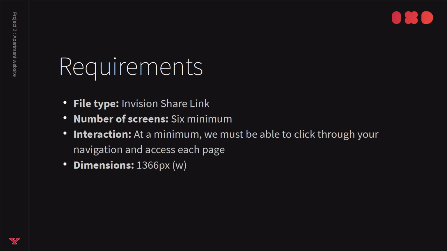From an interaction perspective, InVision provides a lot of cool, advanced, in-depth interaction opportunities for your prototypes. For this project, I'm only worried about making sure that your navigation is clickable. The video below walks through how to set that up, but you're going to do that for all 6 pages. You can also do that on your calls to action, your buttons down the page.